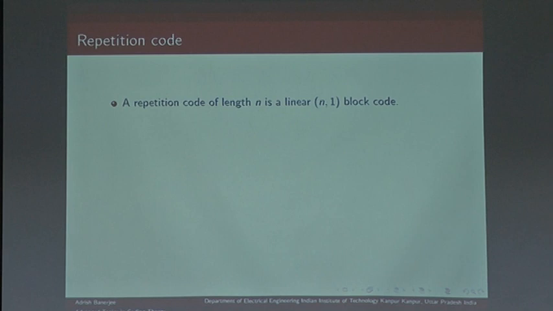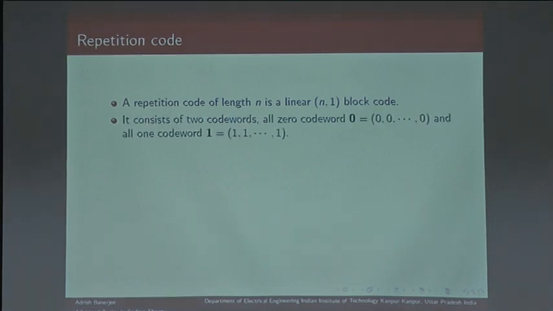And what are the code words for a repetition code? It consists of two code words. For 0, the all 0 sequence of length n, and for 1, the all 1 sequence of length n. Now how do you generate this code word? The generator matrix is given by this.